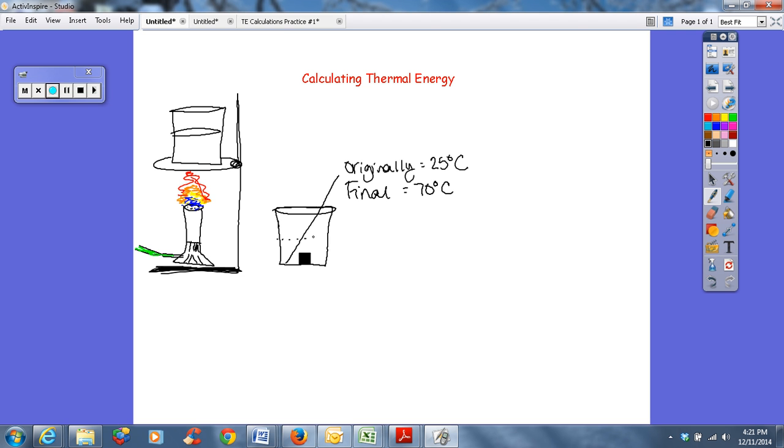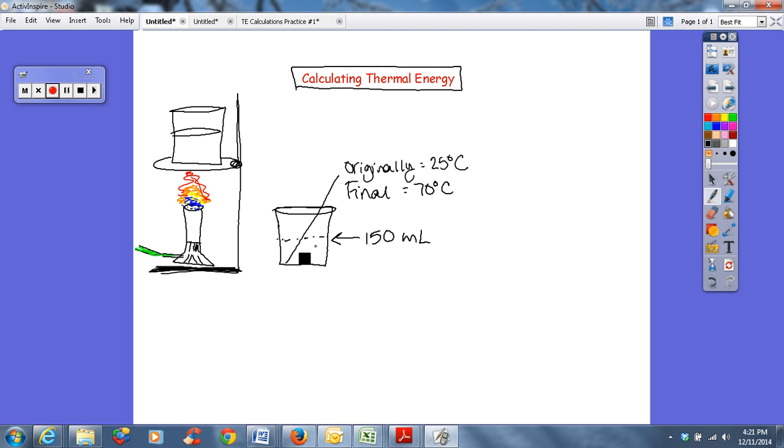The amount of water that's in our cup is 150 milliliters.